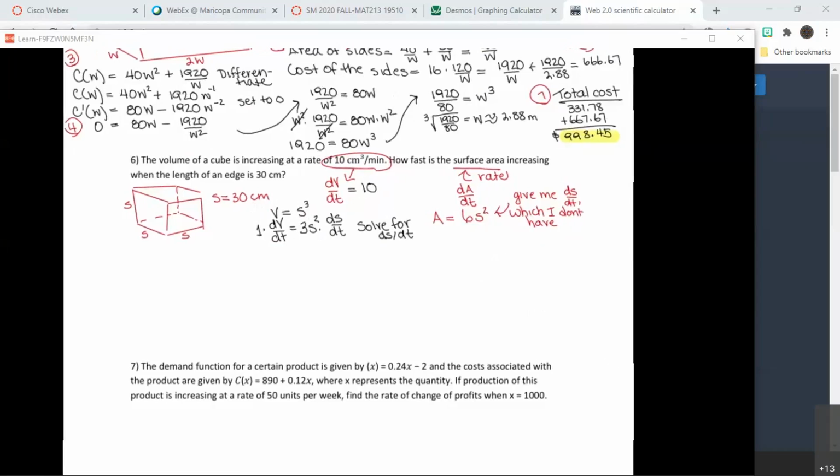Let me plug in what I know. This is 1 times 10, equals 3 times 30 squared, times dS/dt. So I've got 10, and 3 times 30 squared is 27,000, times dS/dt. So dS/dt is 10 over 27,000.